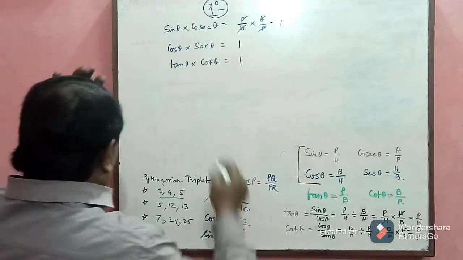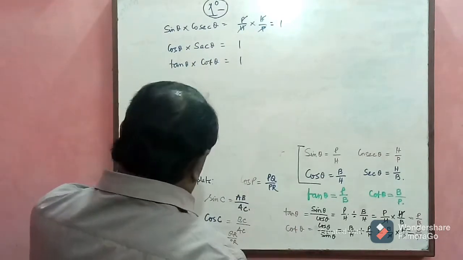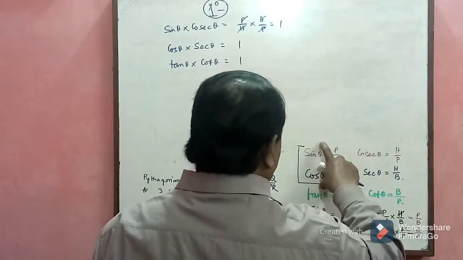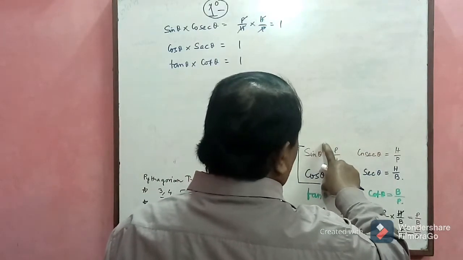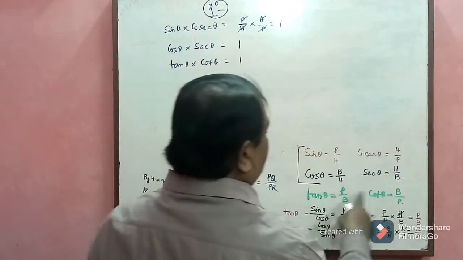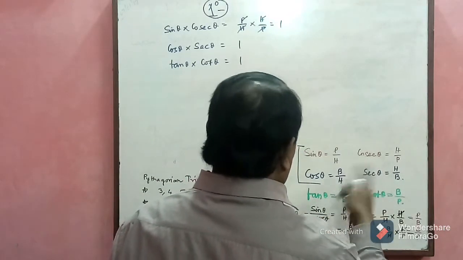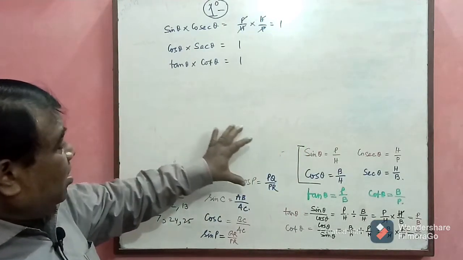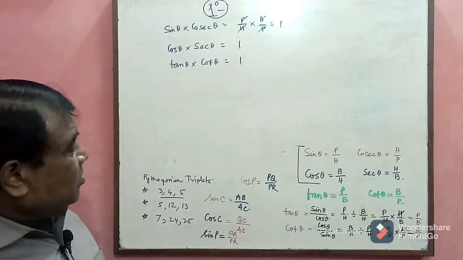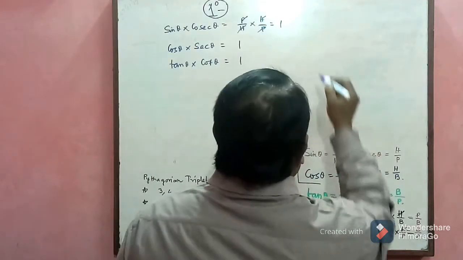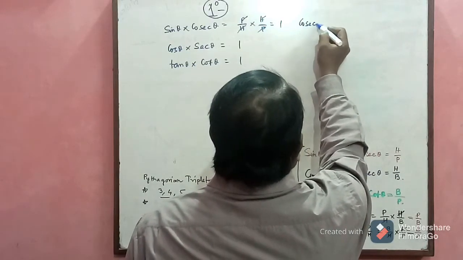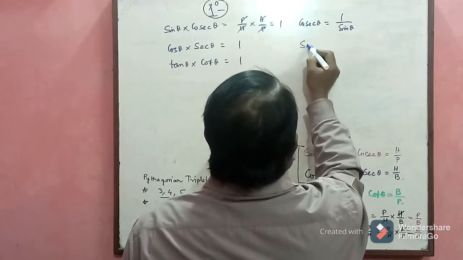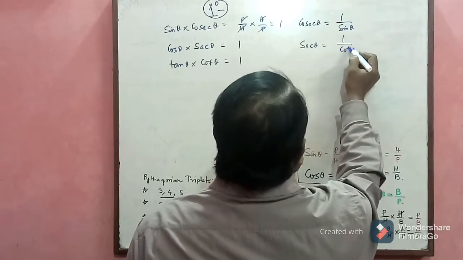Now, I told you that sine and cos are the basic ratios. We can convert all these 4 into sine or cos or both. Cosec theta is equal to 1 upon sine theta. Sec theta is equal to 1 upon cos theta.